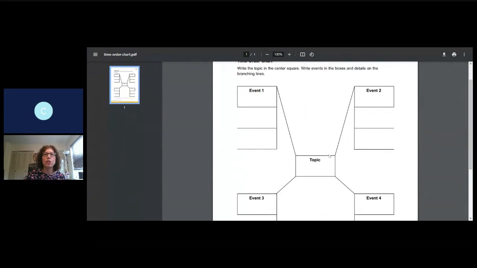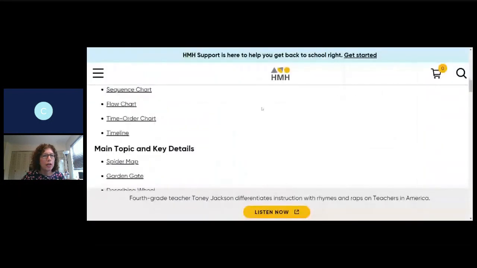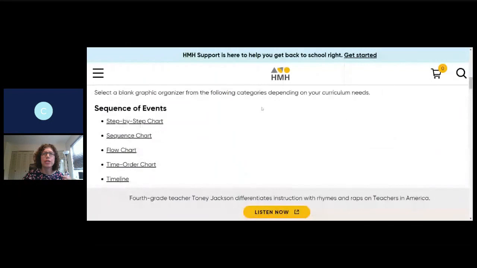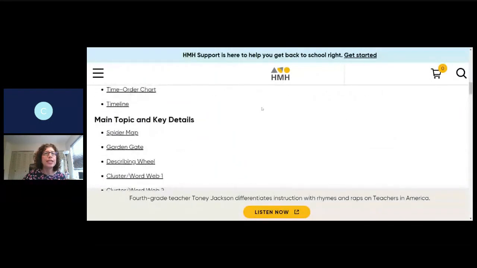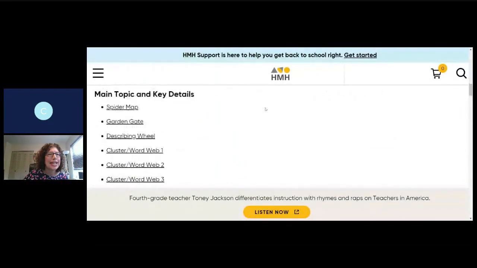And again, you can use this when you are reading something that is written in sequential or chronological order. And there are lots of other sequence ones to look at. We have main topic and key details. So we can take a sneak peek at the spider map for a moment.